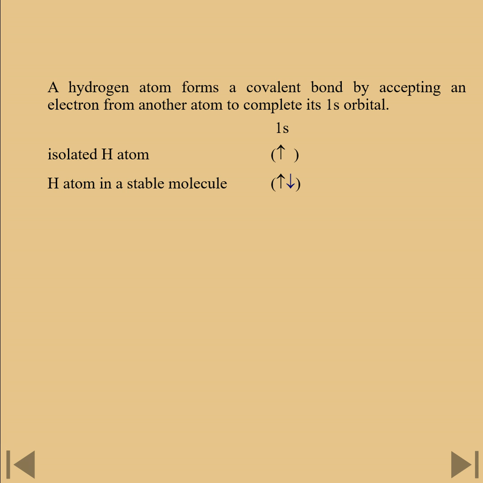So again, do note that 1s orbital has 1 electron in an individual hydrogen atom, and it's going to gain an additional electron when it pairs up to form that covalent bond. And now we have the 2 electrons that hydrogen wants. Now, the shape of that orbital, nice and spherical, is not too tough to essentially elongate, to get the main concentration of electron density between the 2 atoms.